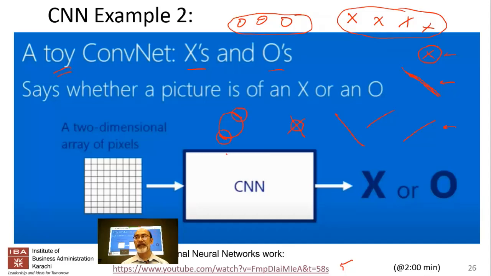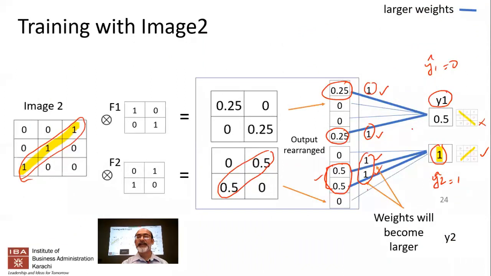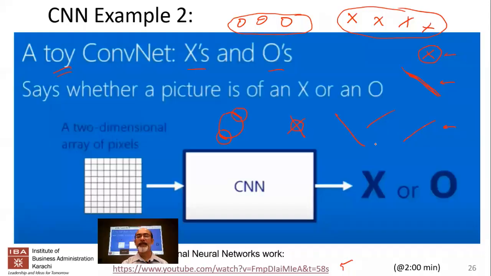It will be small. Yes, you're absolutely right. So the weight of those left-leaning lines will be stronger in the X and weaker in the O, but there will be some linkage. As you saw earlier, some of these weights may contribute to a Y1 as well as a Y2. So the weights for the left-leaning lines will be there for an O.